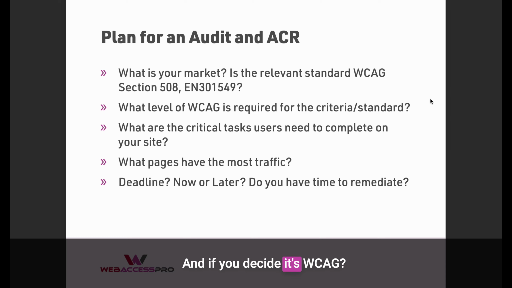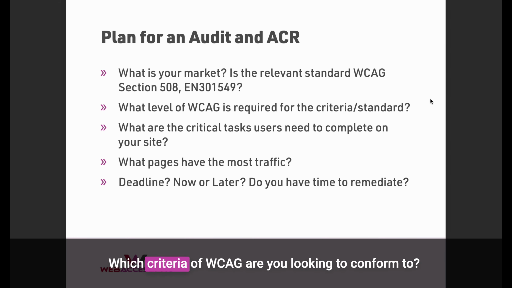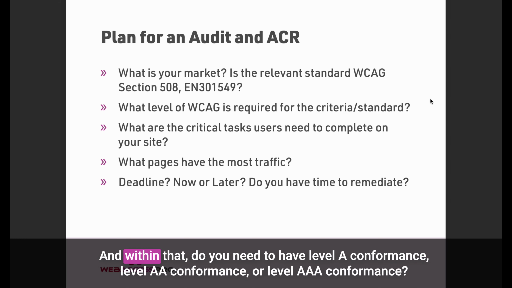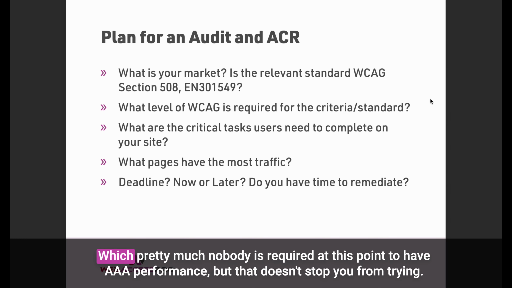And if you decide it's WCAG, which criteria of WCAG are you looking to conform to? Are you looking to conform to 2.0, 2.1, or 2.2, the latest? And within that, do you need to have level A, level AA, or level AAA conformance, which pretty much nobody is required to have at this point?